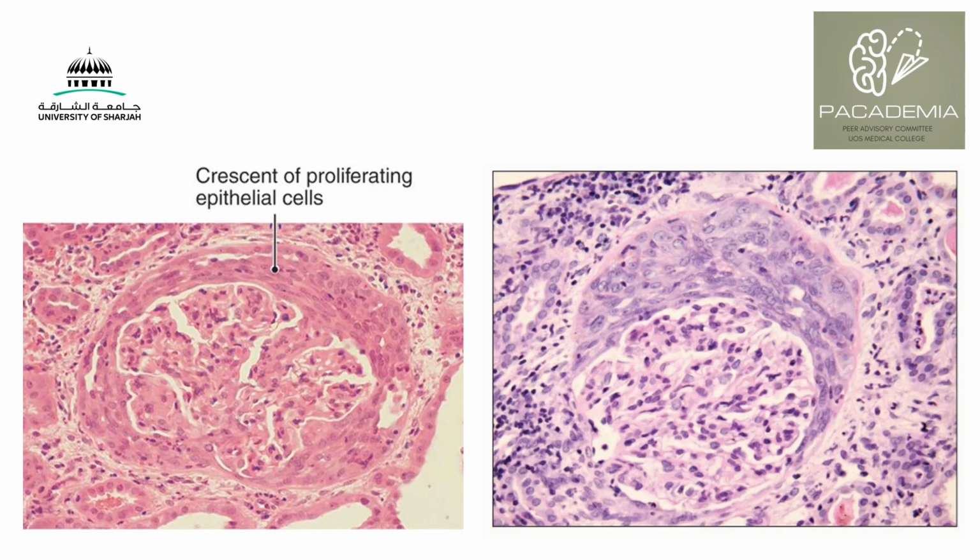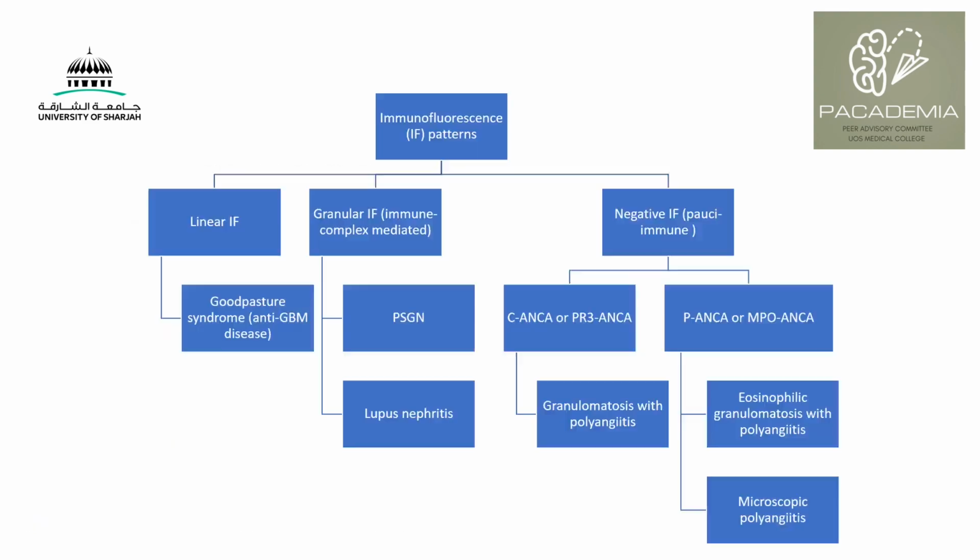So here you can see the crescents of the parietal epithelial cells, and this includes different types of cells as well as fibrin, epithelial cells, and macrophages. There's a crescent here, and there's a crescent here. You can appreciate it. And we have these patterns, the linear, granular, and negative.